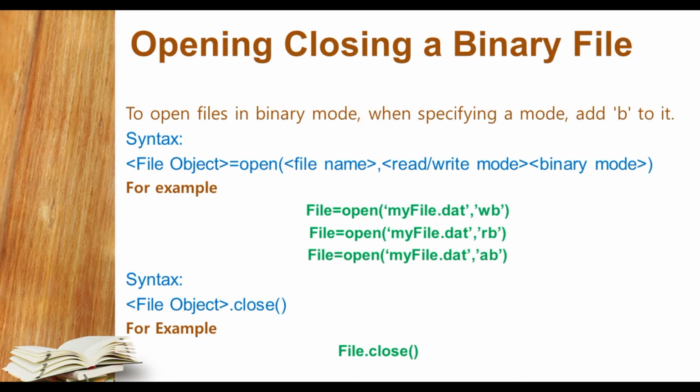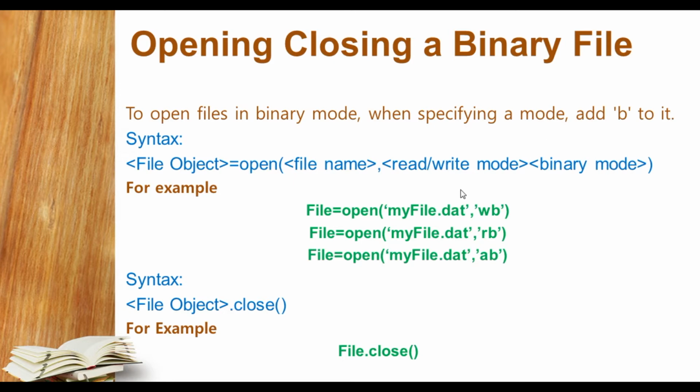Now we will understand how to open and close a binary file. To open a file in binary mode, we need to specify the binary mode, that is the letter B within single quotes. The syntax is: file object equals the open method, then within the method you write the file name along with extension, and then a comma, the read, write or append mode whatever you want, and then the binary mode.